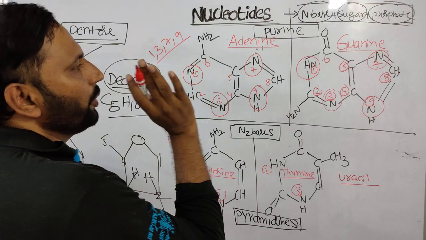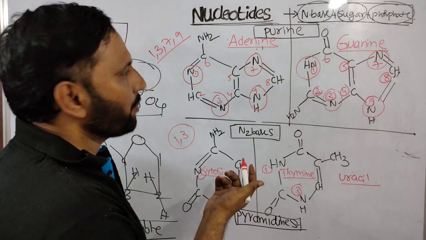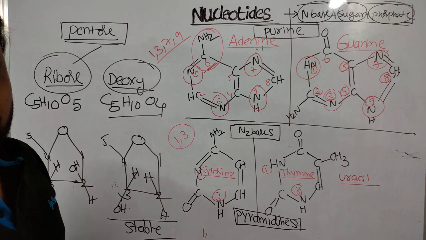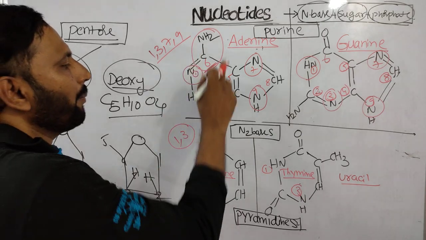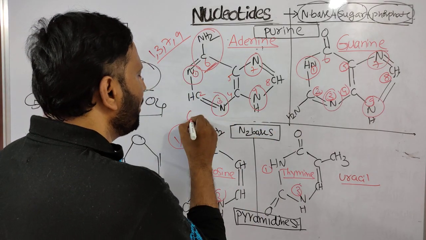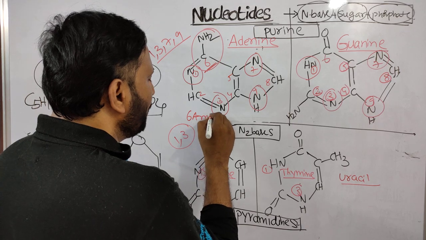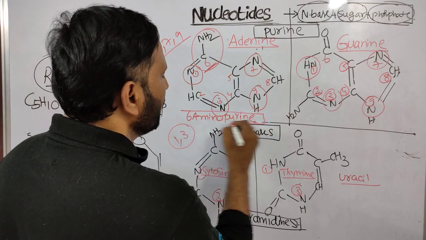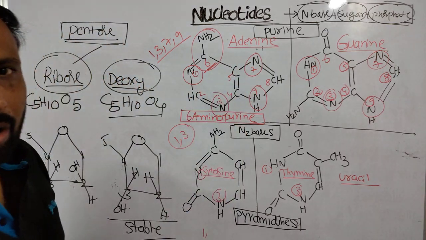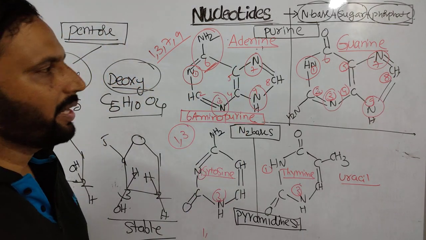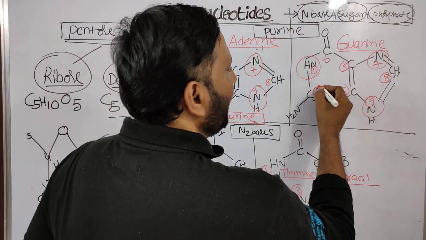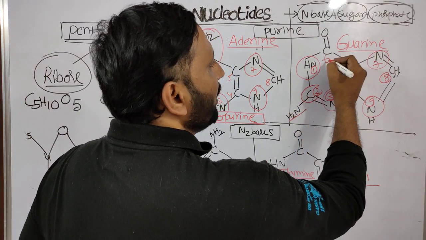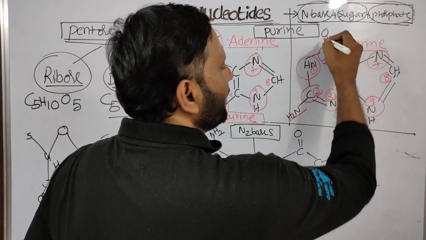When you go to adenine, it has two CN rings, and especially at the sixth carbon an amino group is present. Hence it is called 6-aminopurine. Whereas when you go to guanine, at the second carbon an amino group is present and at the sixth carbon oxygen is present.